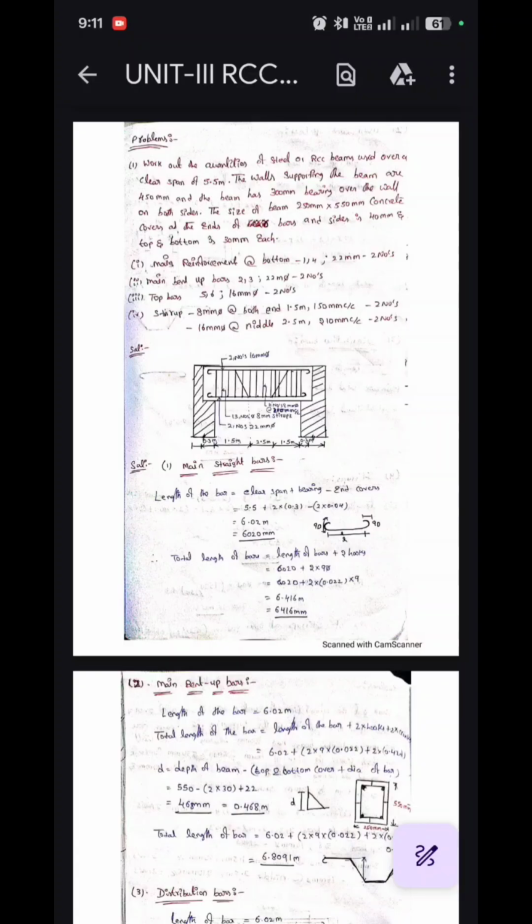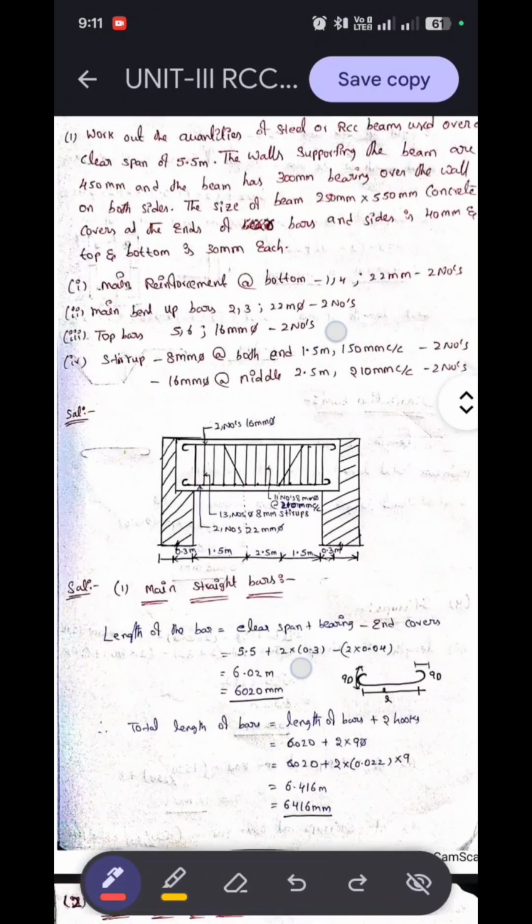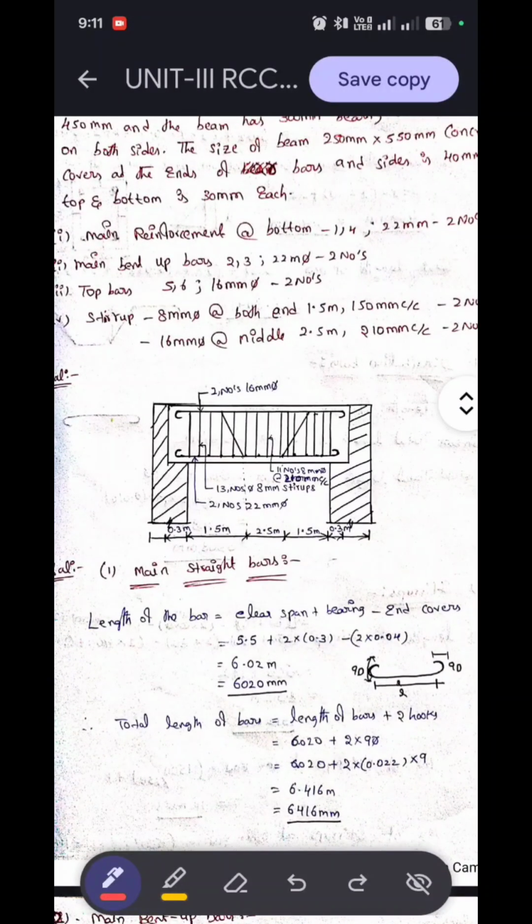The length of the bar formula equals clear span plus bearing minus end covers. See the figure once. So this is the length of the bar.